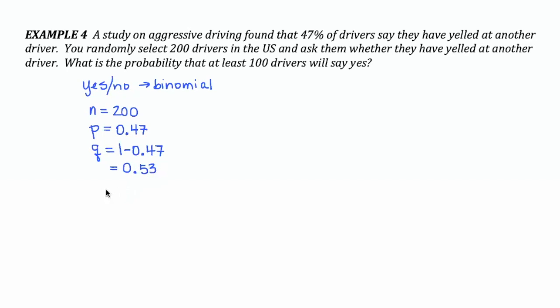And again, rather than having to let x take on every single value from 100 up to 200, if I check my calculations n times p and n times q, and they're both bigger than or equal to 5, I can use the normal approximation.